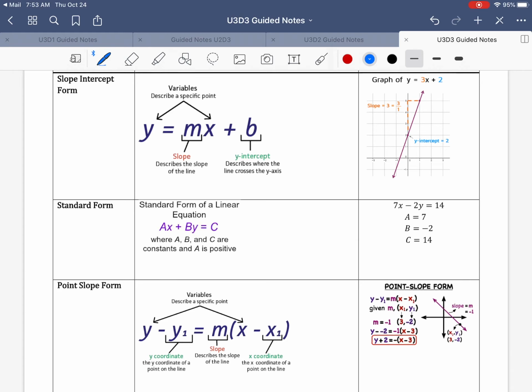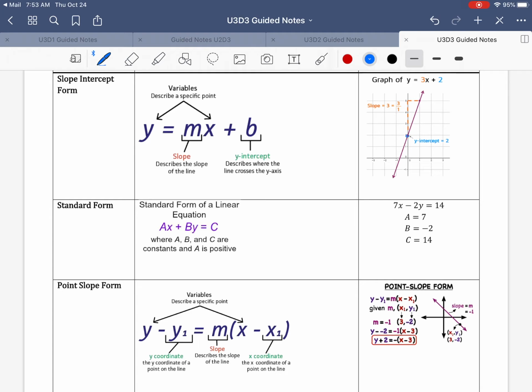You will recognize this as y equals mx plus b, where the letter m represents the slope and b represents your y-intercept. So if you have an equation y equals 3x plus 2, the number 3, the number in front of your x value, represents the slope.